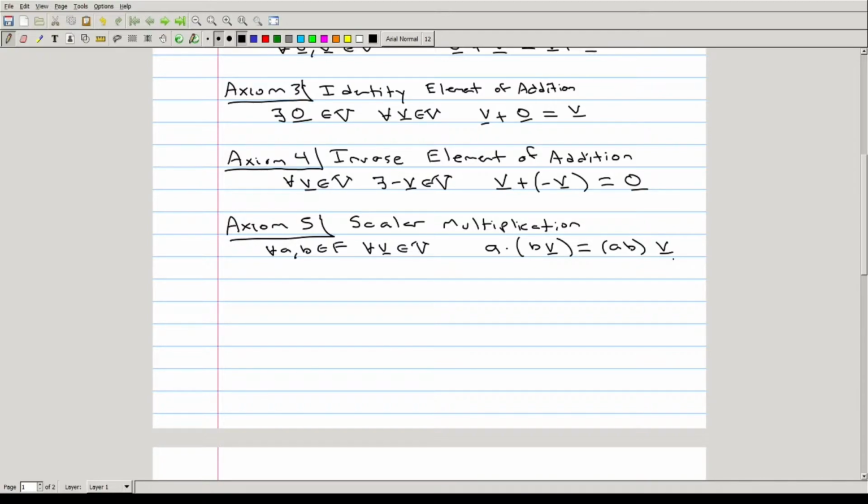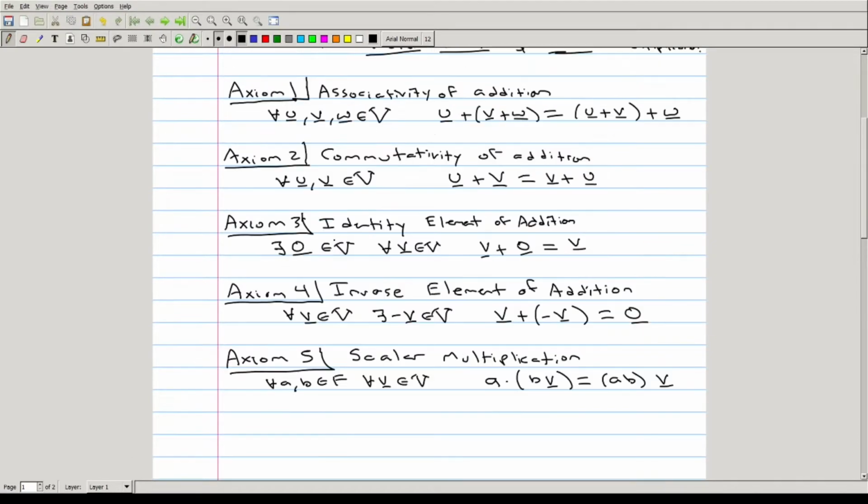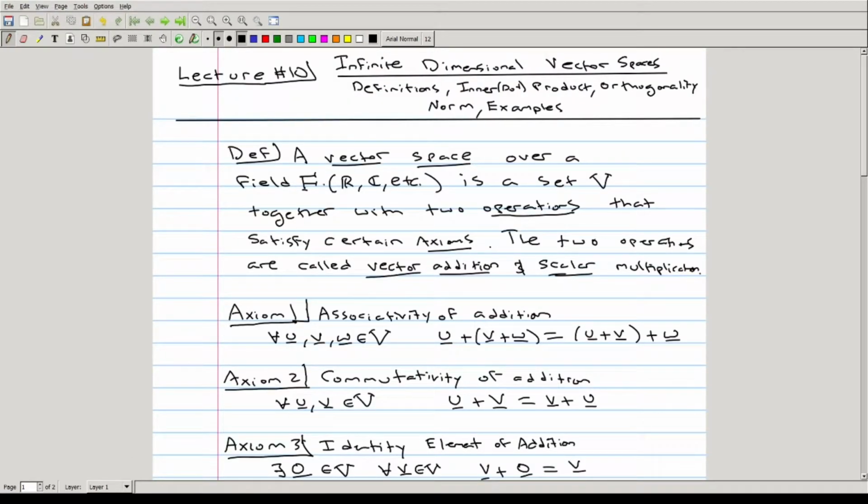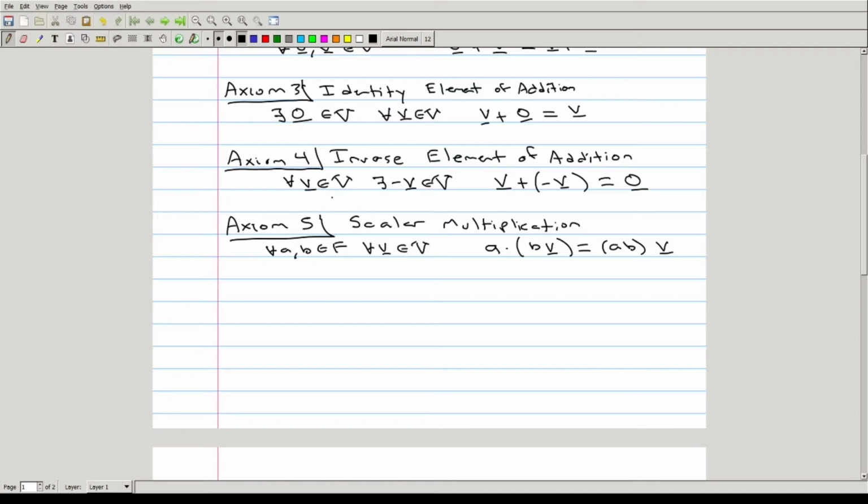So multiplication operations are in some sense only valid in terms of a scaling operation on the vector, and this is compatible with the scalar multiplication in the field F, which is guaranteed to have nice multiplication properties.